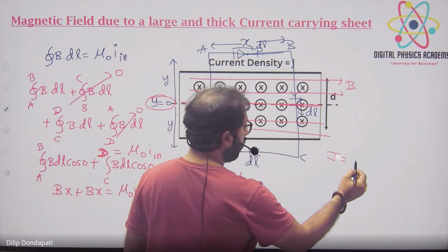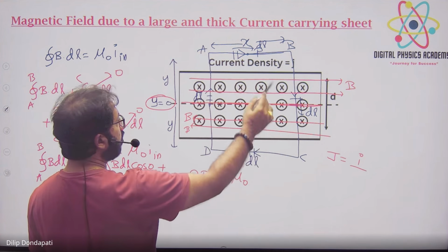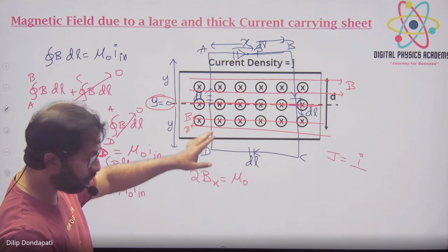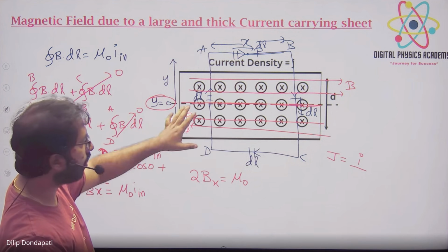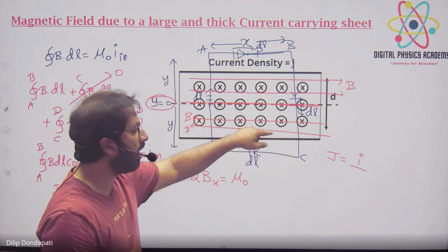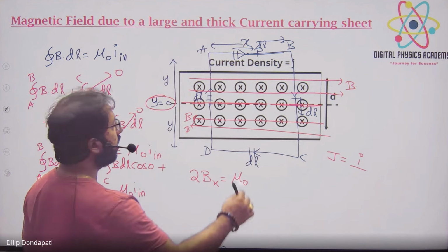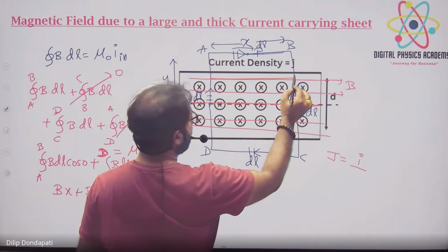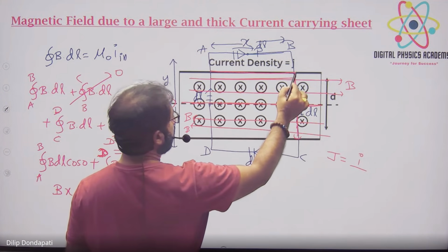Current density is equal to current per unit area. What is the area of this loop? Which one should you take? Wherever the current carrying is there, only that area you should take. We should not take the complete area. So what is its width and what is its thickness?